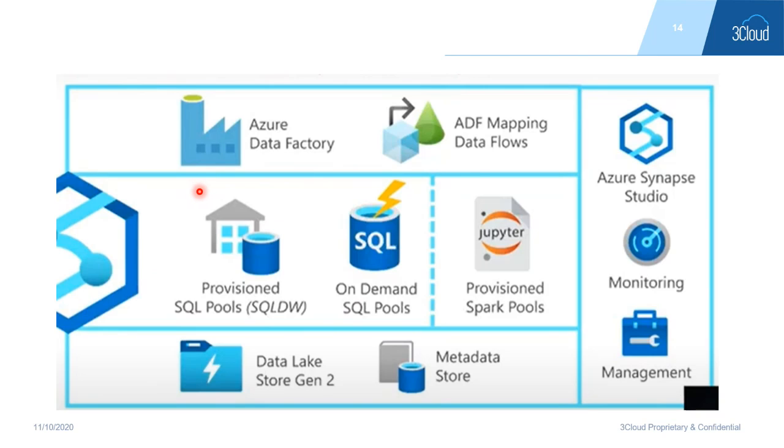This is the SQL DW, and when it was rolled out, Microsoft wanted to be sure that people knew SQL DW wasn't going away, and Synapse was going to be the replacement for it. But Synapse is actually all of this, right?